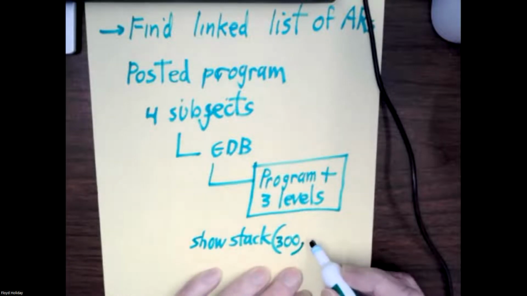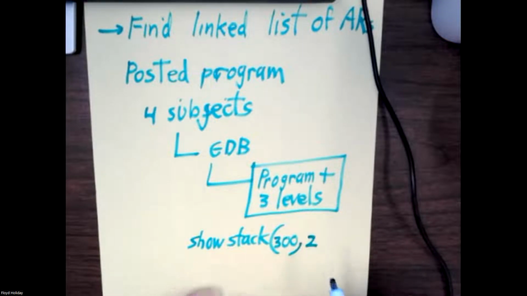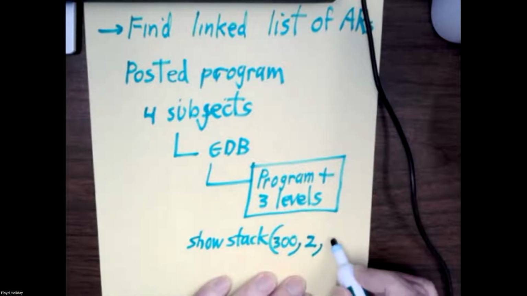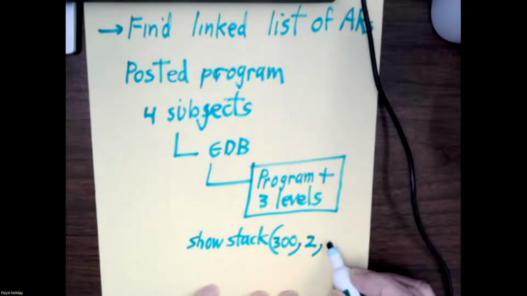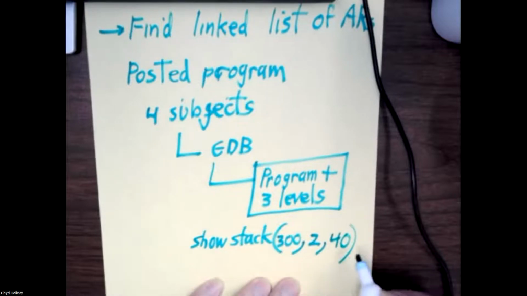Okay. The next number is how many quad words you want to show that are not even in the stack. They're immediately outside the stack. And then the next number is how many quad words inside the stack you actually want to show, like that.